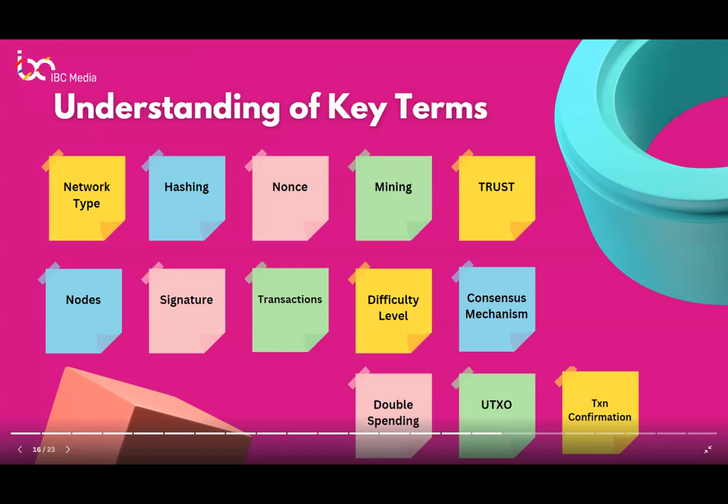There are controls in place in those systems also, I'm not denying, but still you are trusting somebody. Here, you don't need to trust anybody. The system, the algorithm, the code has to be trusted. Once you define the rules, nobody can change these rules, and everybody can see what rules have been defined. That's the beauty here.